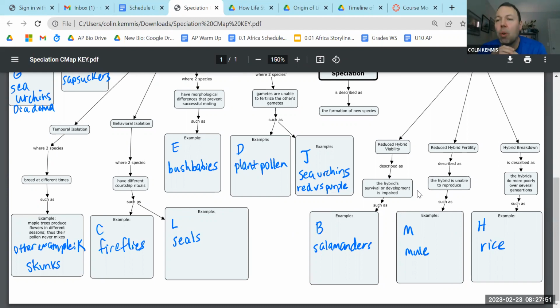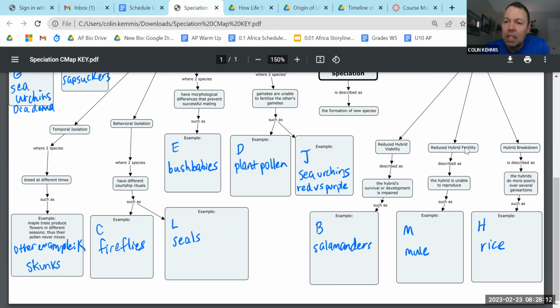They're physically deformed. They don't survive very well. But we separate these into three. Reduced hybrid viability. This means they're not the healthiest, or there are some physical abnormalities that we saw. They don't survive well, and they don't fully form.